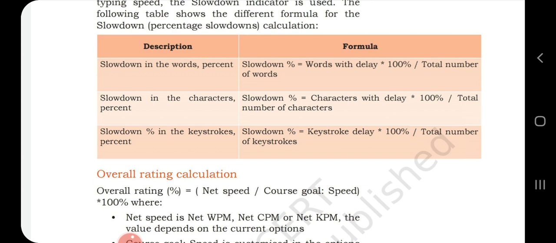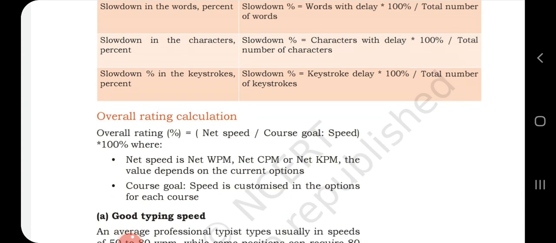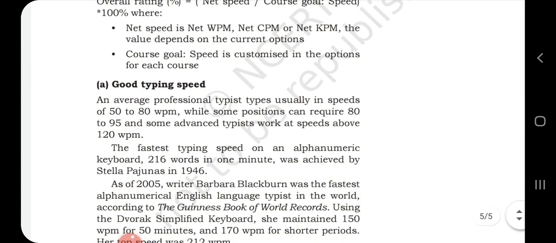Next is overall rating calculation. Its formula is overall rating percent is equal to net speed divided by course goal or speed multiplied by 100%. Next one is good typing speed. An average professional typist has a speed of 50 to 80 WPM.